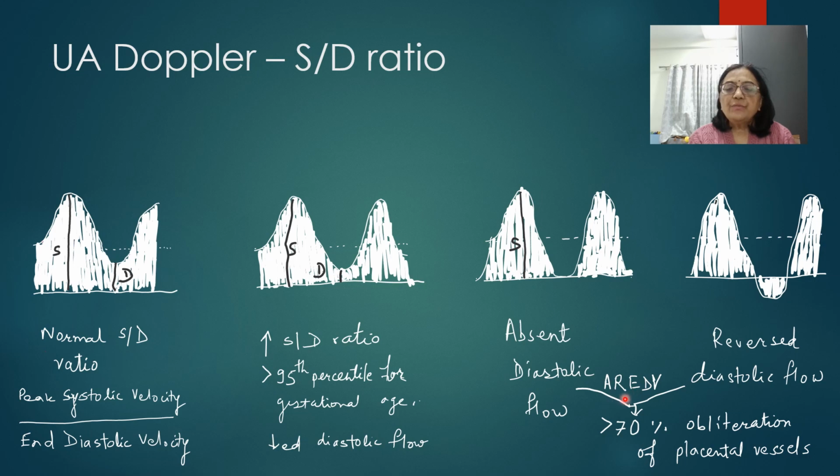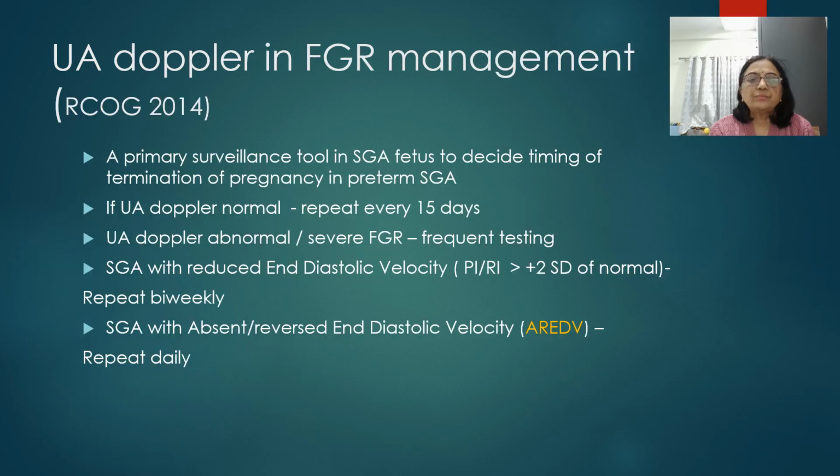The short form used for these two conditions is absent or reversal of end diastolic velocity. Whenever it is present, either absent or reverse, it indicates that more than 70% of the placental vessels are already obliterated. So this is serious, absent diastolic or reverse diastolic flow.